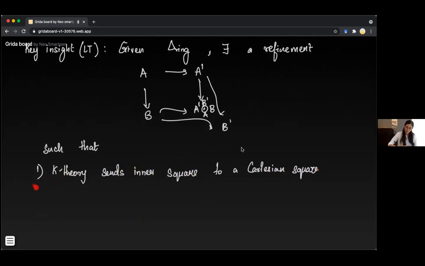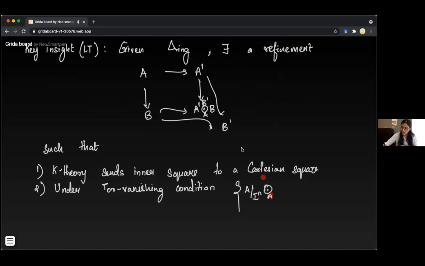And under the additional condition, under the Tor vanishing condition, this A mod I^n, B mod J^n, is pro-equivalent to B prime, so B mod J^n. So therefore, this would show basically that if you applied pro-K-theory, then it is Cartesian.